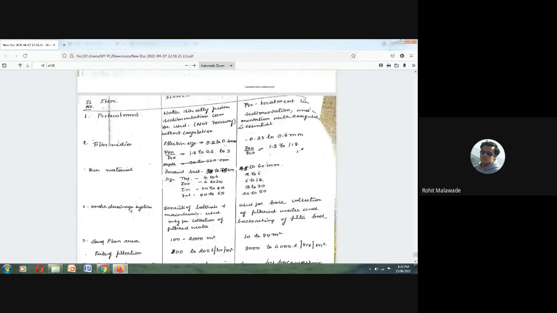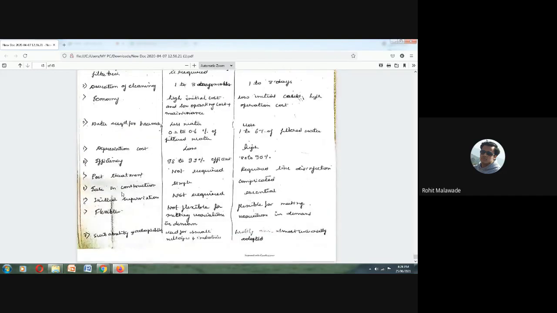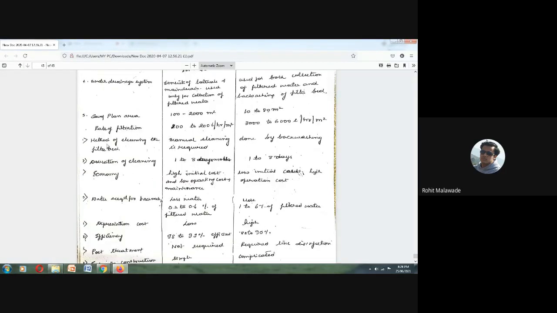Go according to the area, according to the rate of filtration, according to the degree of purification, the type of washing, economy in construction, supervision, and then what kind of treatment is going to be required, then your efficiency, and the amount of water required for cleaning, and the cleaning time that is going to be required. So these are some of the important points that you need to remember if you want to differentiate between the slow sand filter and the rapid sand filter.